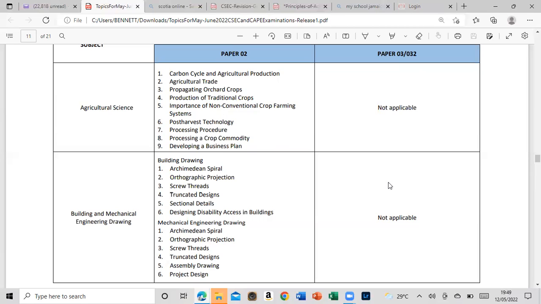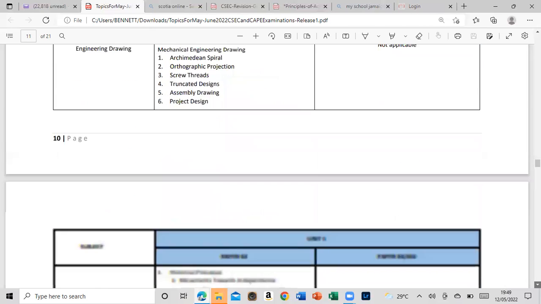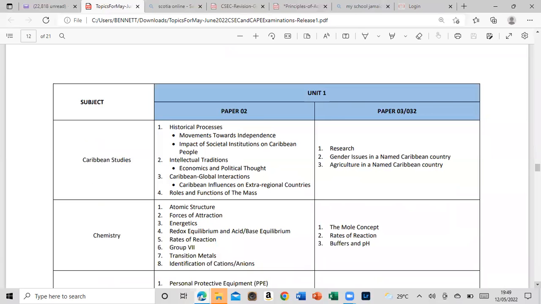So that's for building, and then this is for mechanical engineering drawing. And both of them have a lot of similarities: Archimedean spiral, orthographic projection, screw thread, truncated design, assembly drawing, and project design. All right, so all the best guys with this. I know a lot of persons run from these, but guys, just run through these.